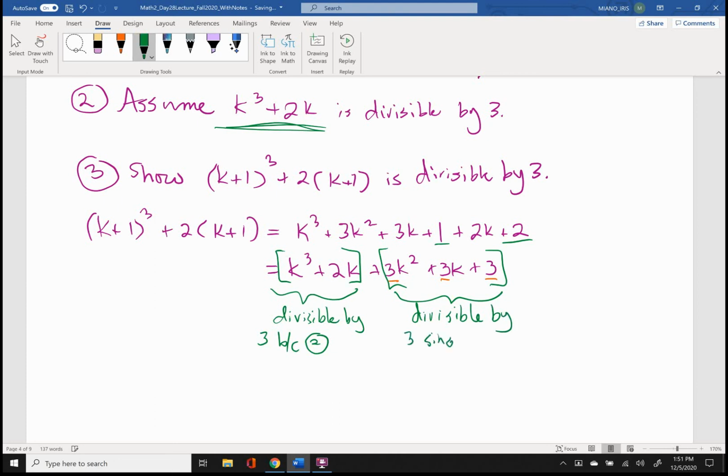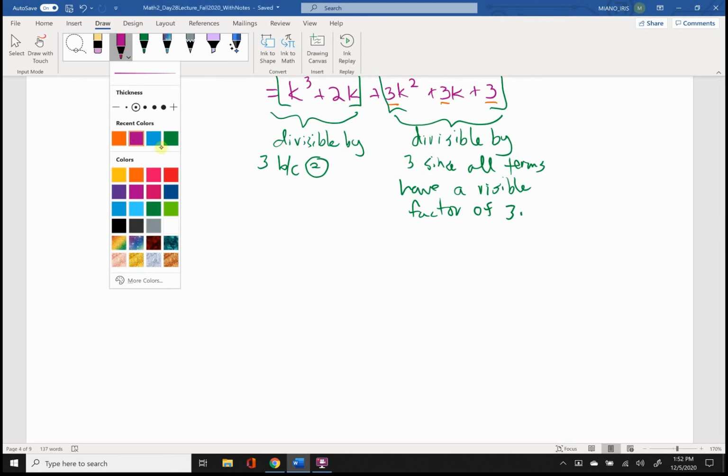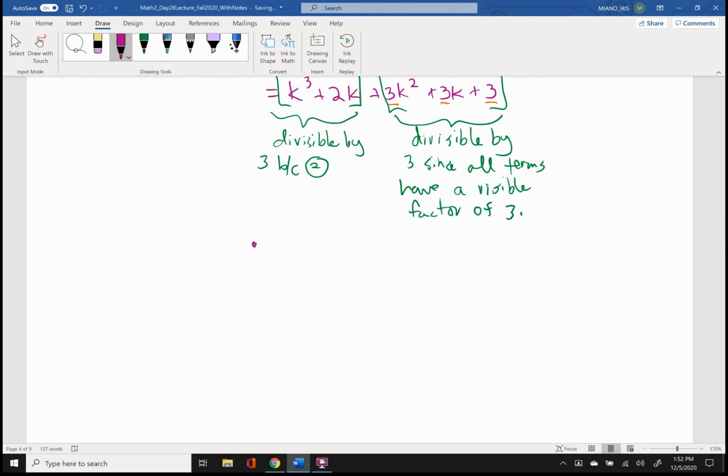Since all terms have a visible factor of 3. So, therefore, so you guys ever seen this triple dot in a triangle configuration?